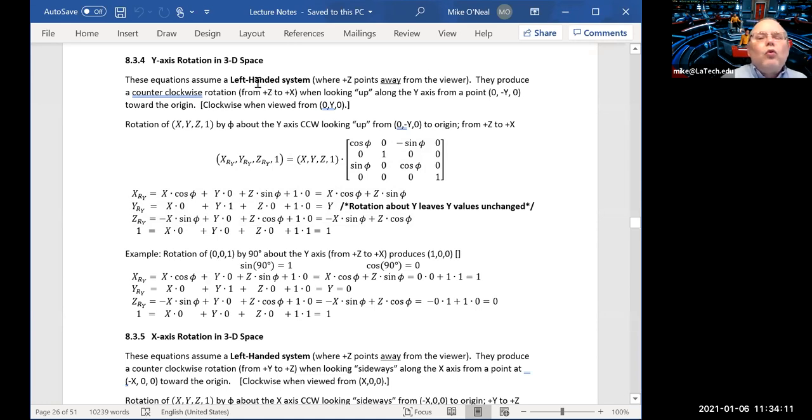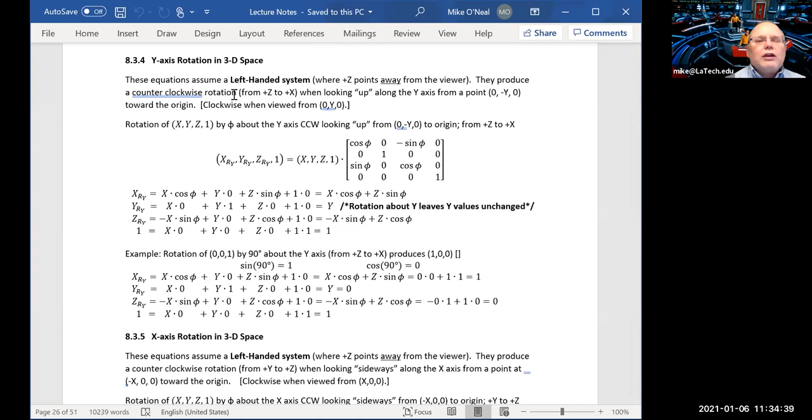We need to talk about it's a left-handed system, z points away from the viewer, right? But we're talking about, okay, this is going to be a rotation around the y-axis, but in what direction is it going to be? Well, specifying the direction of rotation only makes sense if you're talking about where the user is.